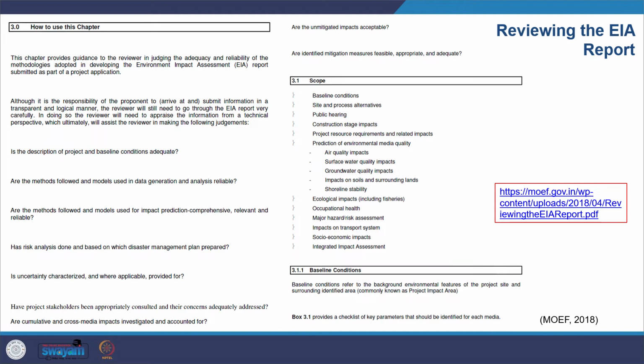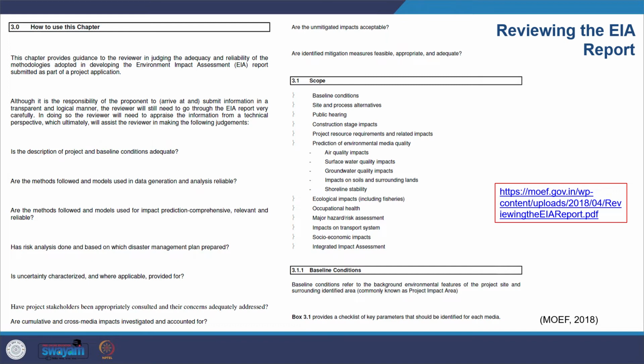You might do it domain specific, then how have you taken care of cross-media impacts, and have you looked at the cumulative impact? All that will be evaluated for the completeness of your report. And are the unmitigated impacts acceptable? If there are unmitigated impacts, are they acceptable or not? And are the identified mitigation measures feasible, appropriate, and adequate or not?